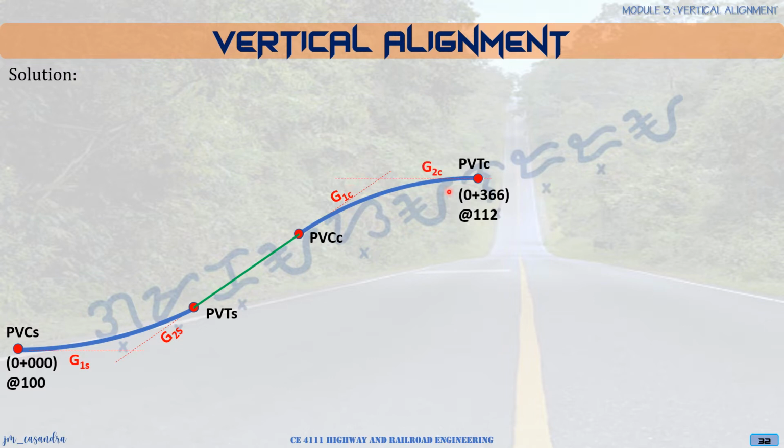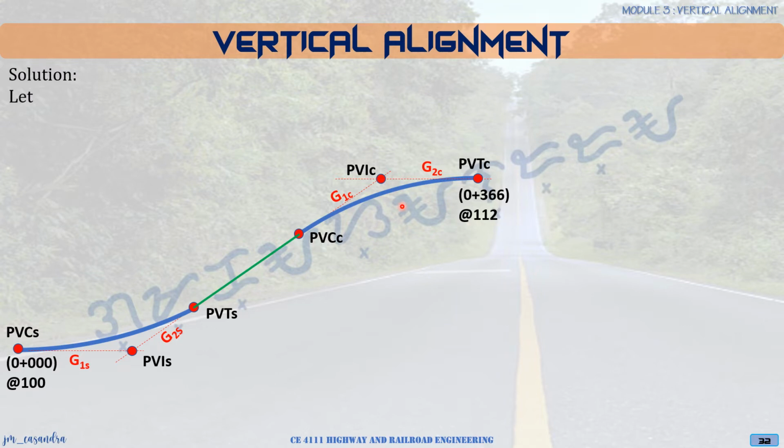Then we have here your G2C, the second grade of the crest vertical. So this point is the point of intersection for the vertical sag curve. Then we have the point of intersection for the vertical crest.